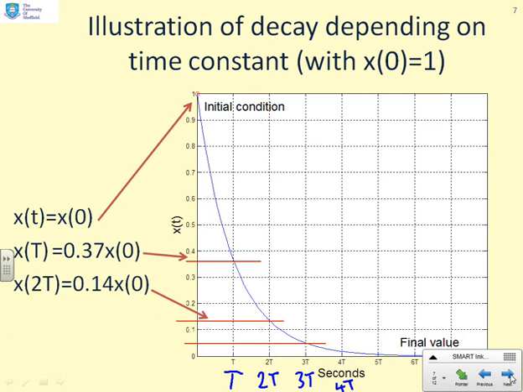After 2 capital T seconds I've got 14% of x of 0. After 3 capital T seconds I've got 5% of x of 0. So you'll notice this graph doesn't actually say what is capital T, it says whatever capital T you give me, this graph is true. So the shape of the graph is invariant if you choose the horizontal axis as capital T.